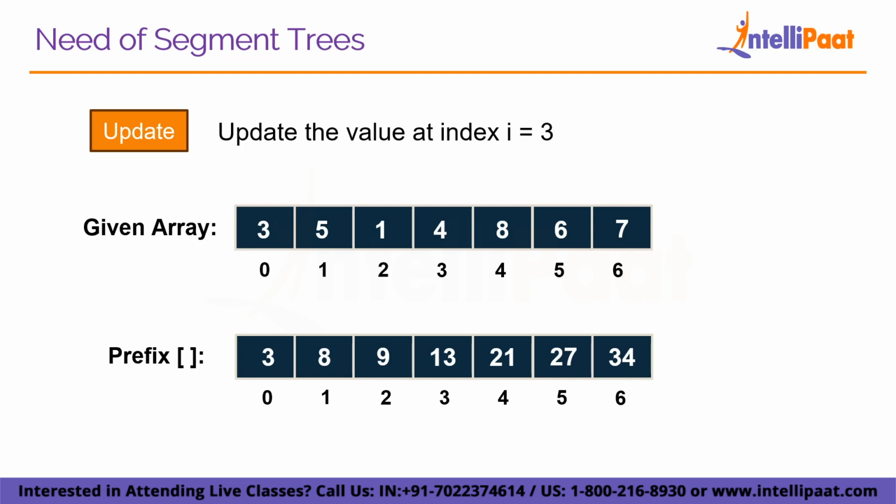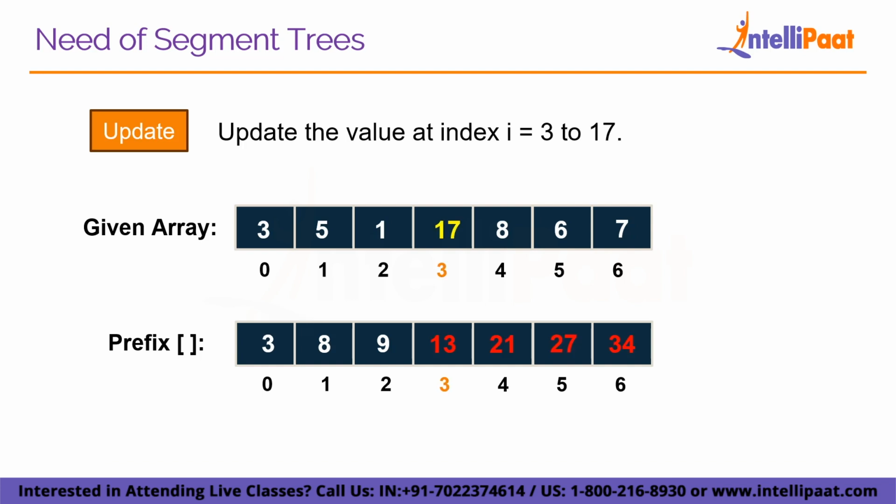So, if we want to update at index i equal to 3, then the elements from index 3 to index 6 will get affected. The element in the prefix sum array at i equal to 3 will remain the same, but the elements after i equal to 3, that is 21, 27 and 34, will get changed. So in this case, the time complexity for update will be order of n.